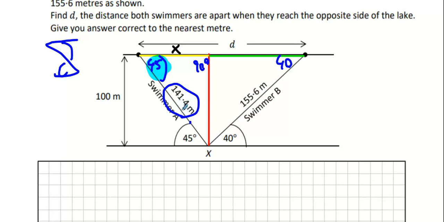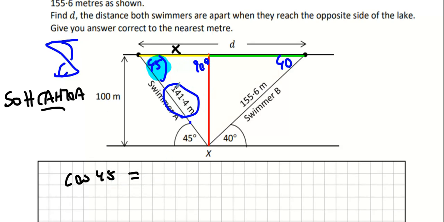We're using adjacent and hypotenuse, so that'd be SOH CAH TOA. We're definitely going to have to use CAH. So cos 45 degrees equals adjacent, which is x, divided by hypotenuse, which is 141.4. And that is to find the yellow side. Okay, x is the yellow side.